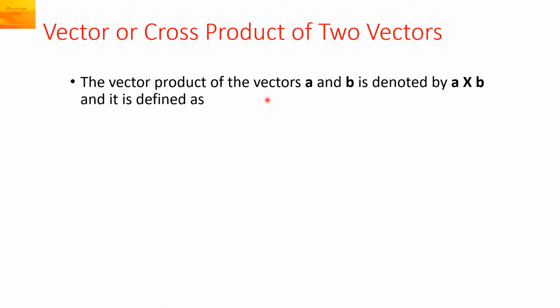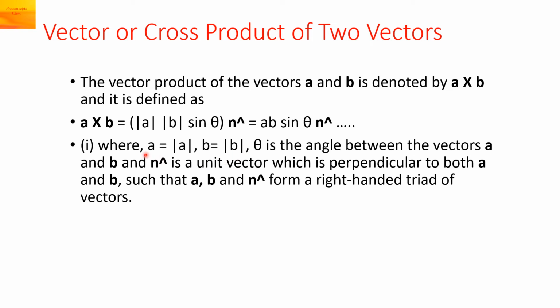The vector product of the vectors A bar and B bar is denoted by A bar cross B bar, and we can write it as mod of A into mod of B into sine theta into n cap, or we can write it as AB sine theta n cap, where A is mod of A and B is mod of B. That is, the mod indicates the magnitude of the vectors.